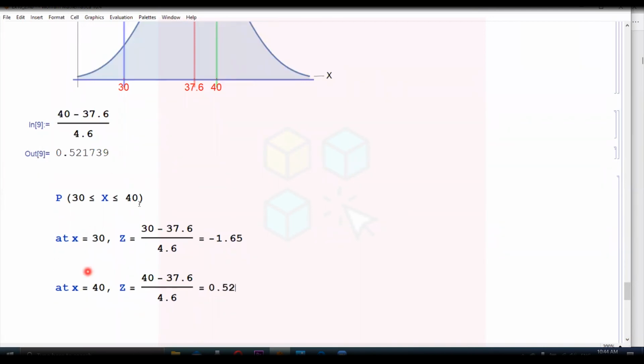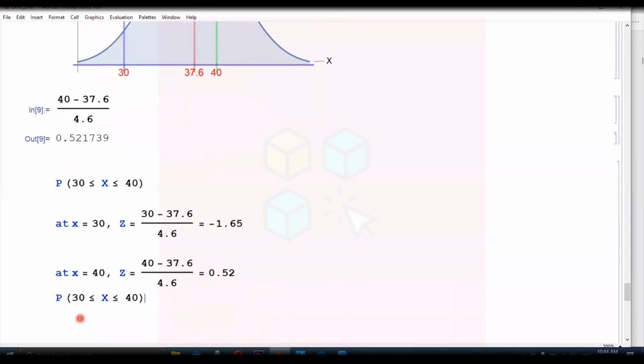Okay. Now we can write this expression again at the bottom with the corresponding values of z: minus 1.65 less than or equal to Z less than or equal to 0.52.